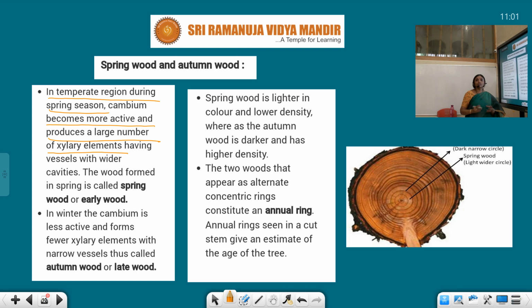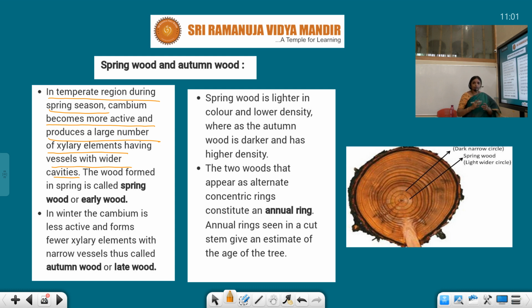That means xylem vessels with lumens are produced, because the water requirement is increasing. Having vessels with wider cavities, wider lumens, the wood formed in the spring season is called spring wood or early wood. As more water is required, this wood is formed.